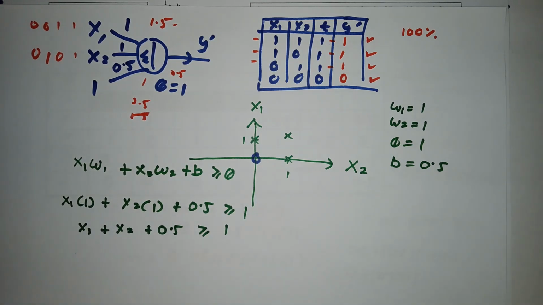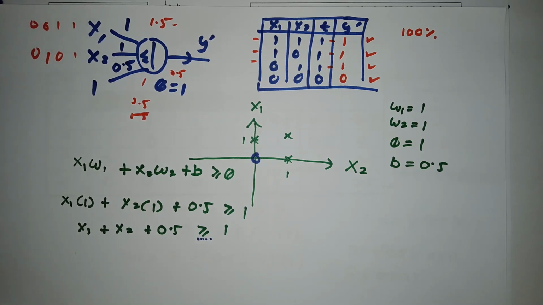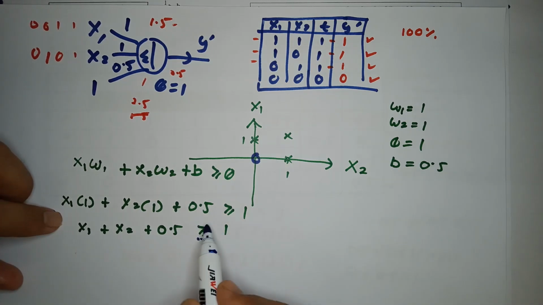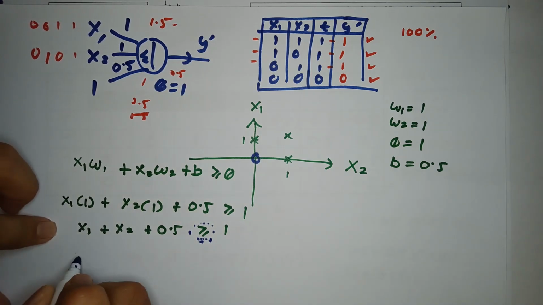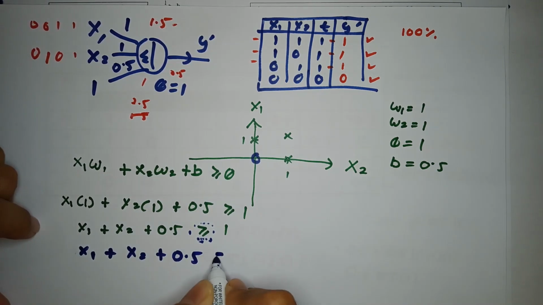Once we have this equation, this part of the equation will be some sort of relation, higher or lower, that will be used in order to threshold our model. But basically, if you want to develop your own equation for the decision boundary, in this case we need to transform the relation into an equality. So we have x1 plus x2 plus 0.5 equal to 1.